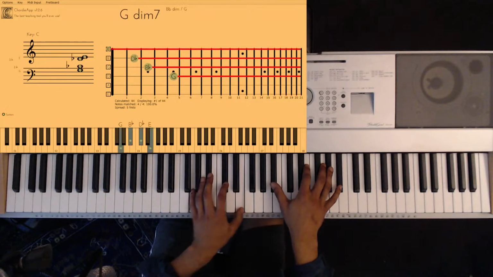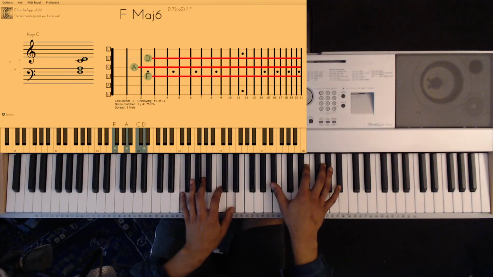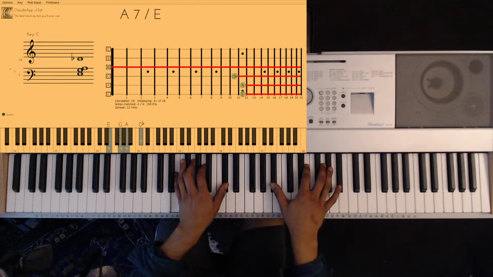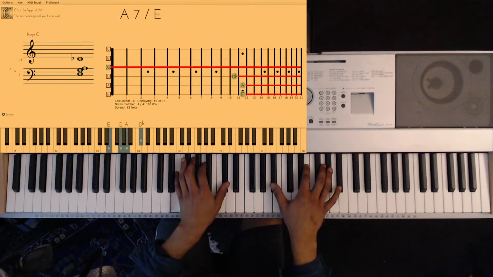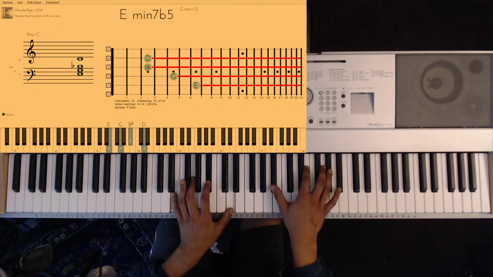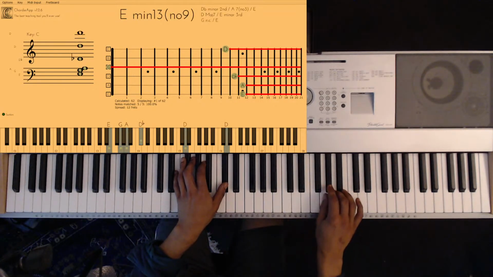And every time you think you're out, they pull you back in. They pull you back in with those diminished chords, those mean, sneaky chords. These chords that you can just use anywhere.